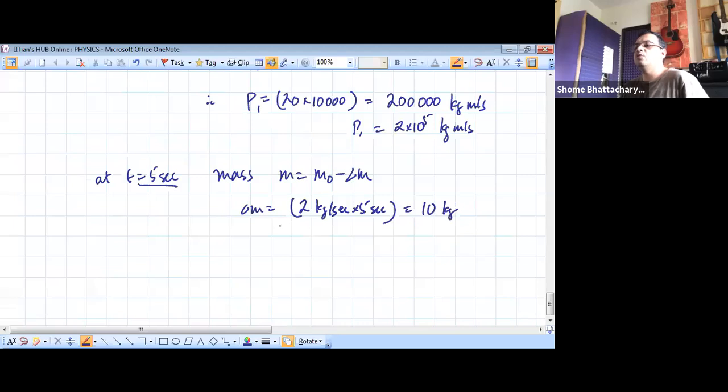So 10 kg of water has leaked out. So the mass becomes 10,000 minus 10, which is 9,990, or 9.99 into 10 raised to power 3.